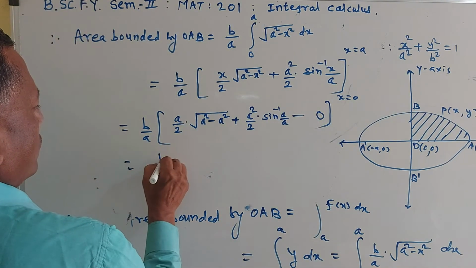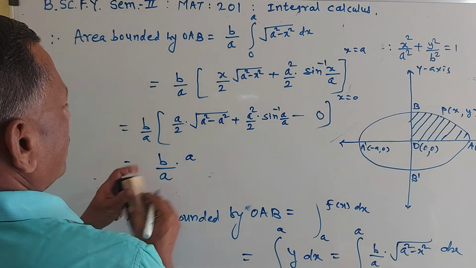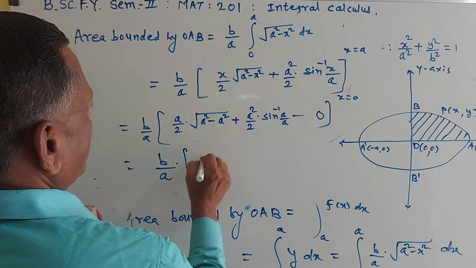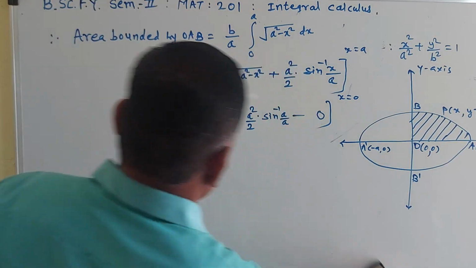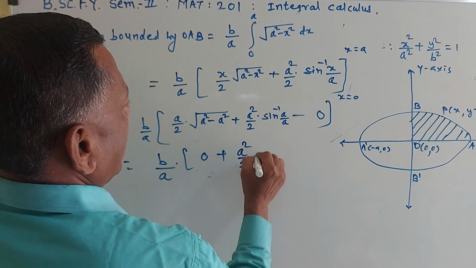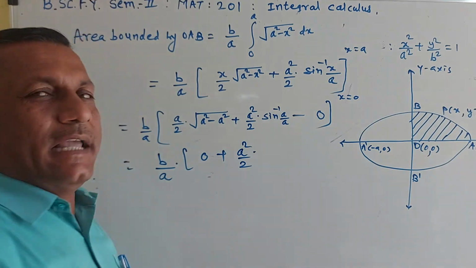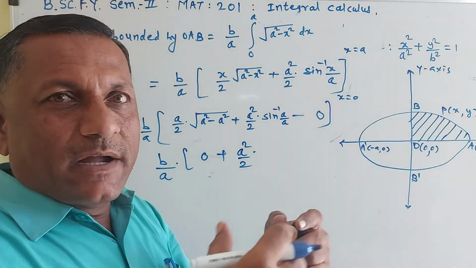Therefore, it is equal to b upon a into, so this term becomes 0, plus a squared upon 2 into sine inverse of a upon a. Sine inverse of a upon a means sine inverse 1, and you know that sine pi by 2 is 1.